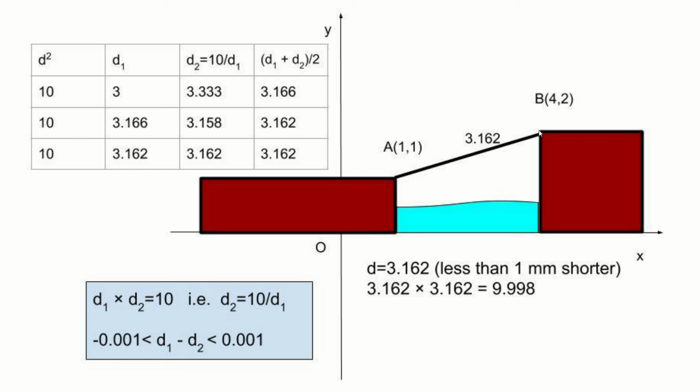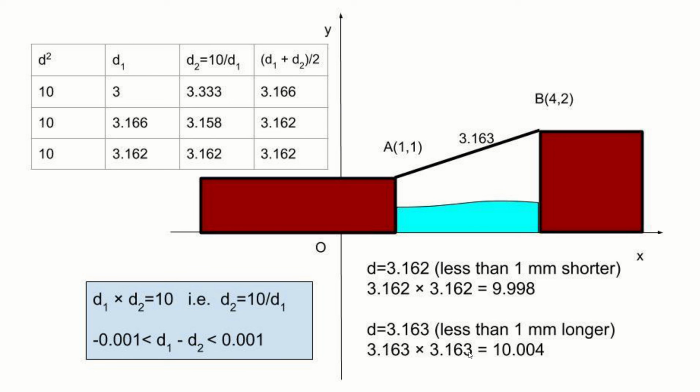And if we cut it 1 millimeter longer, 3.163, let's test it. 3.163 times 3.163 is 10.004. So we computed the square root of 10 with an accuracy of 3 decimals. So for this bridge maker, the error of this beam is just 1 millimeter. 1 millimeter, that is good enough for the bridge.